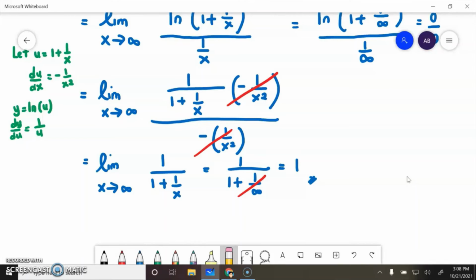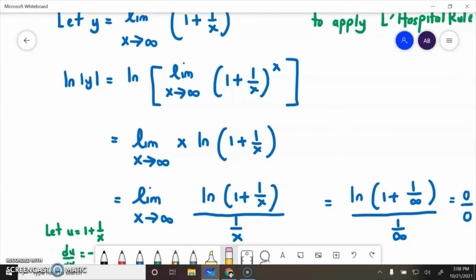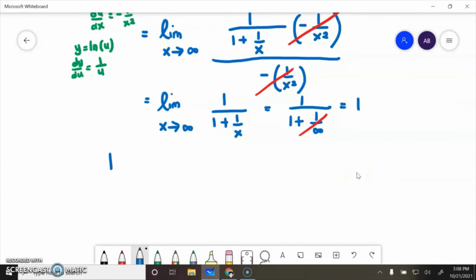I forgot. This is not the solution because I'm writing this in terms of ln y. So I have to change it back. ln y equals 1.